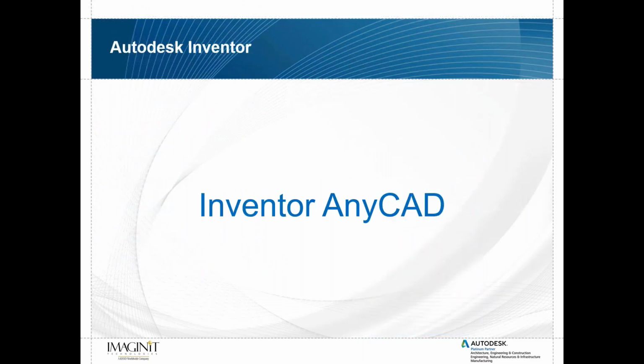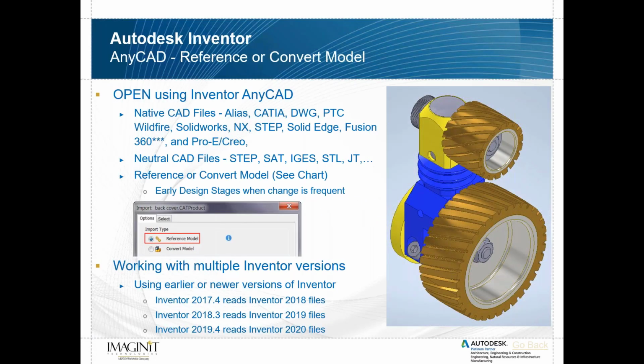So moving on, starting out with the first part of our presentation, Inventor's AnyCAD. In today's design environment, we're always having to deal with CAD data generated from multiple CAD programs, whether it be in the native CAD format or in neutral CAD format.